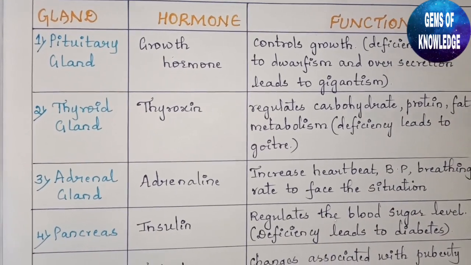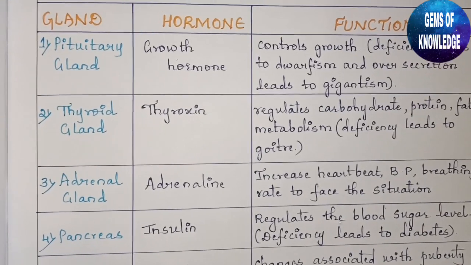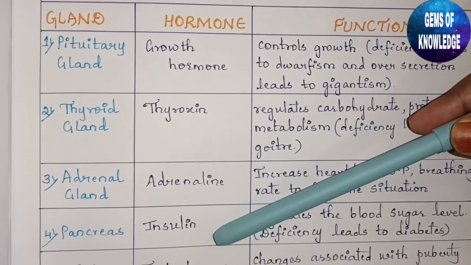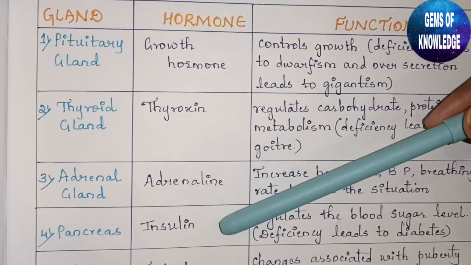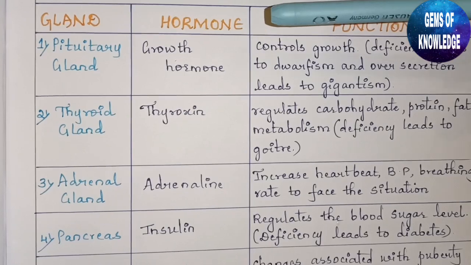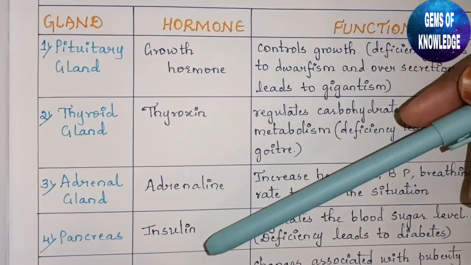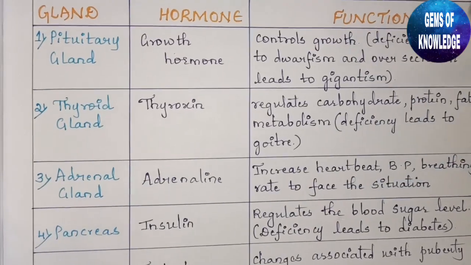You can see that in the present situation we get a lot of diabetic patients. That is because of less secretion of the insulin hormone. So the doctor advises them to take insulin injections, so that the hormone is given externally to that person to regulate the blood sugar level.